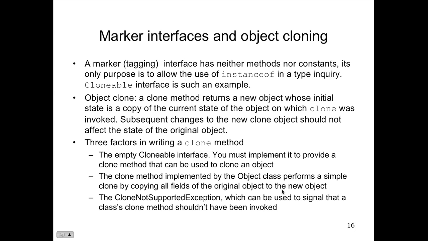And then the CloneNotSupportedException, which can be used to signal that the class's clone method shouldn't have been invoked. So you can prevent bad clones from being created if some of the data is not assigned, or if some of the data is not copyable, if it's protected in some sort.